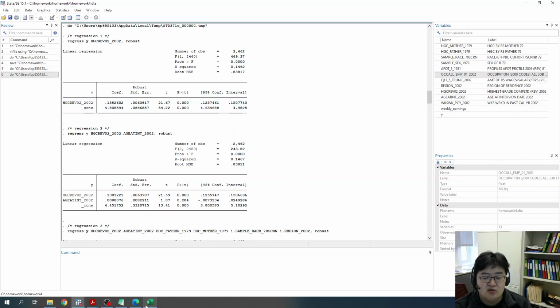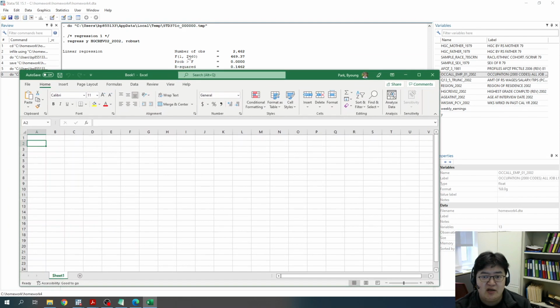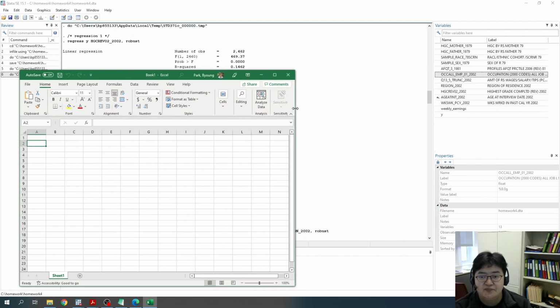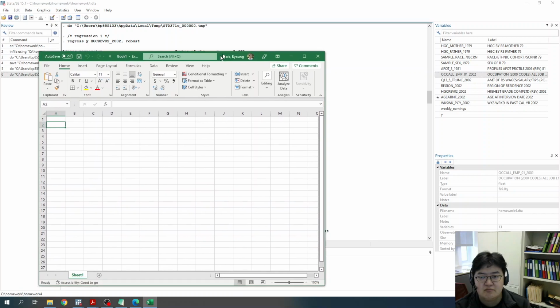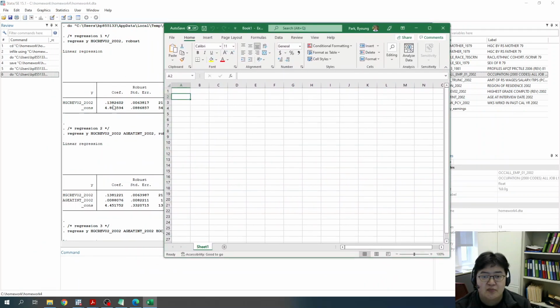So, for example, think about the first result. I'm going to use Excel. It will be convenient to use Excel to work on this. So, I will copy the numbers. Regression 1. In regression 1, education and constant. Education's coefficient is 0.1382602.